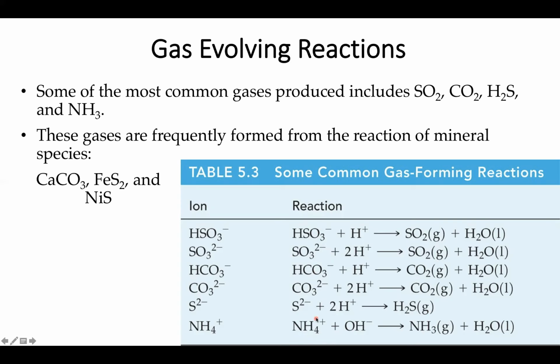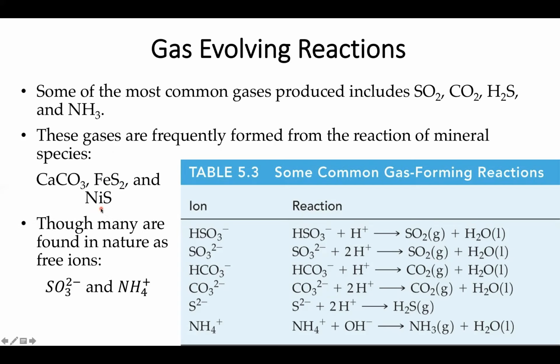So let's go ahead and take a look at where you might find some of the origins of these gaseous species. So for example, CO2 is often produced from calcium carbonate. So if you react limestone with acid, you produce carbon dioxide. Sulfides are often found in things like iron sulfide, so this is pyrite or fool's gold, or nickel sulfide, which is found in a lot of other metal ores and is a source of a lot of nickel mining.